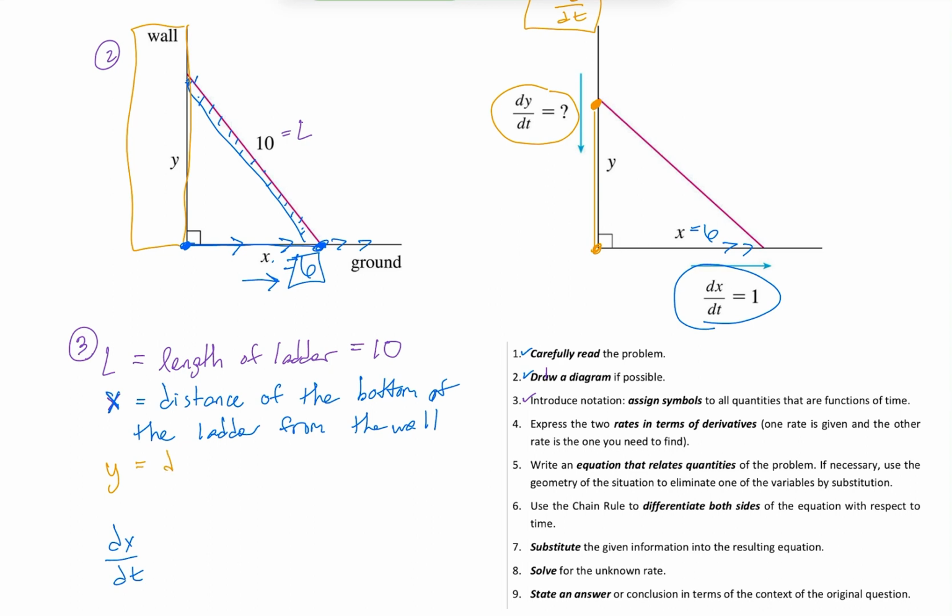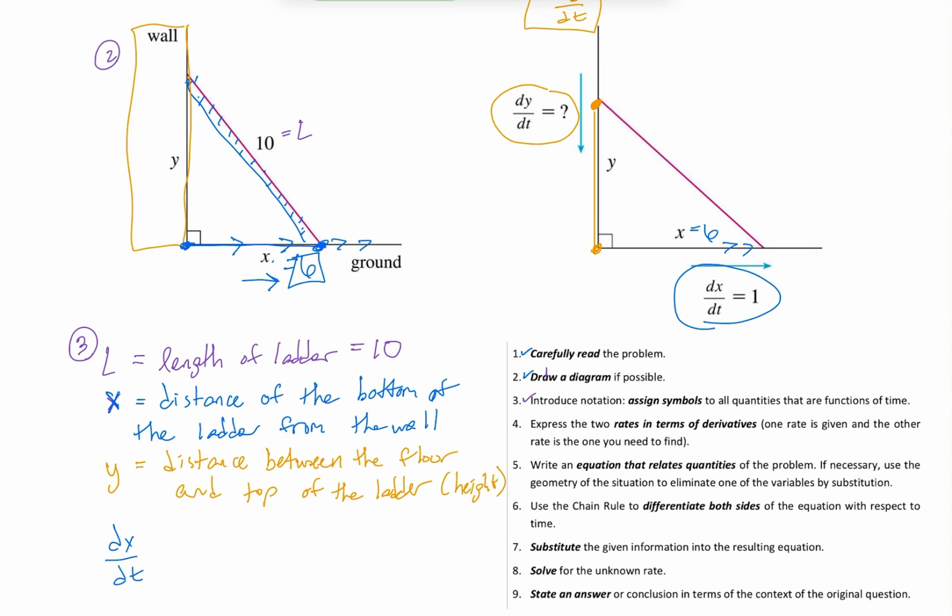Y is the distance, or the position, between the floor and the top of the ladder. Or in other words, the height of this little triangle that we've made.